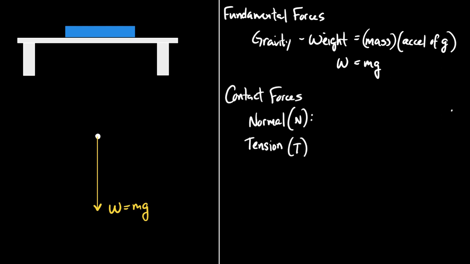Normal forces are pushing forces. And they're called normal not because they are ordinary. They're called normal using the geometry word for perpendicular. They are normal to the surface. I'm not going to write all that, but you should. Normal forces are always perpendicular to the surface.